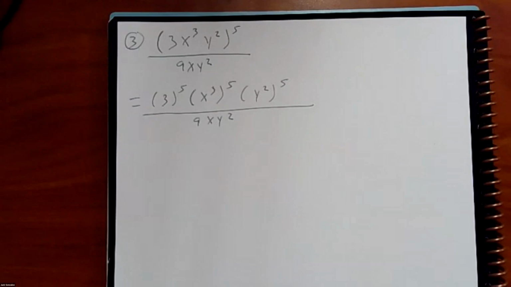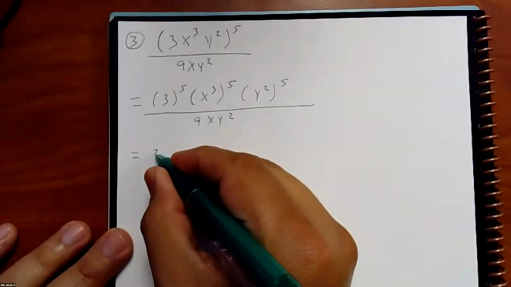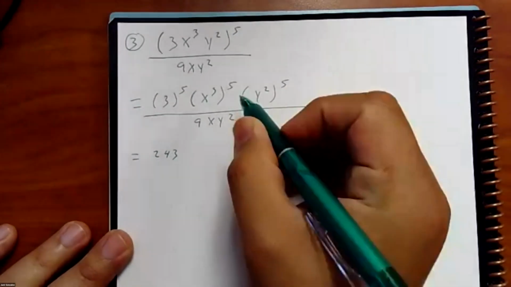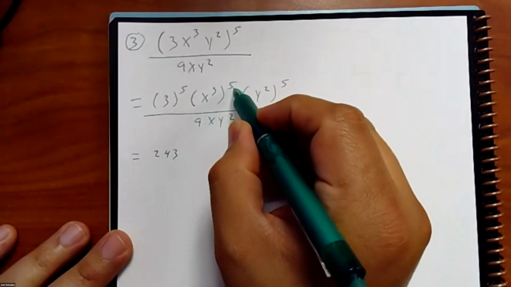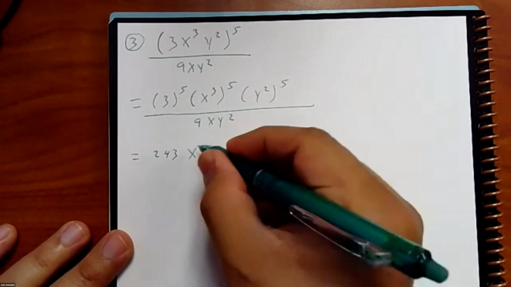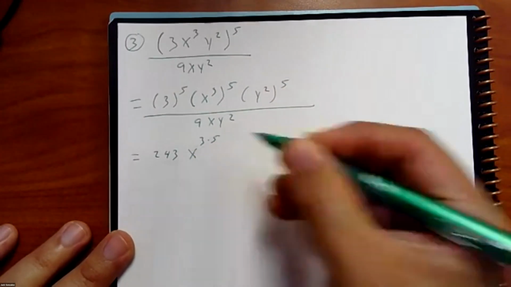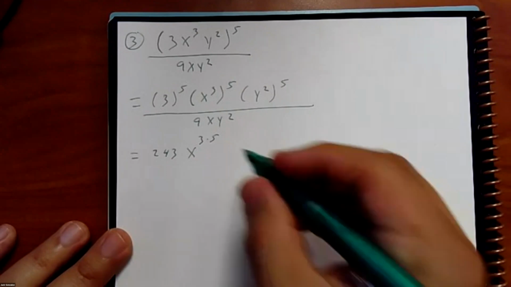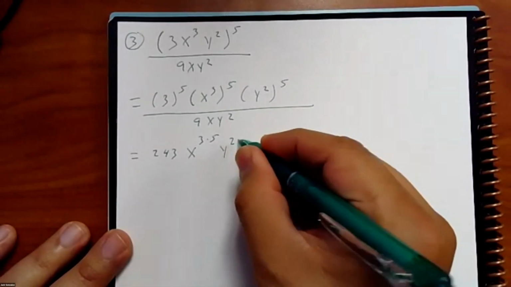I'm gonna Google this one. You guys, don't judge me. 3 to the 5th. Yeah, that's right. Okay. 243. X to the 3rd to the 5th means you multiply the powers. Multiply the powers.